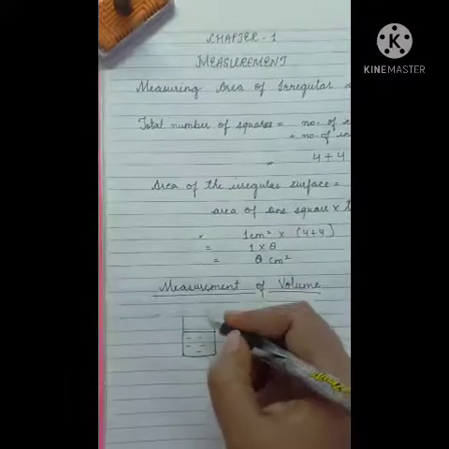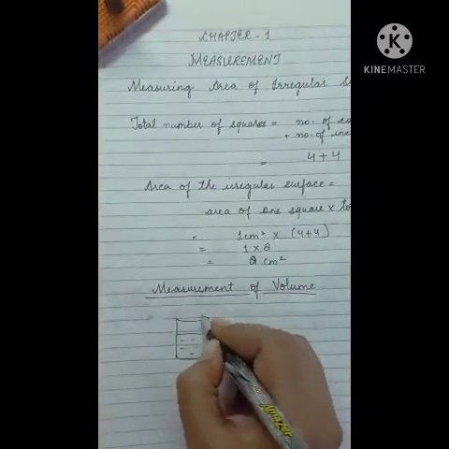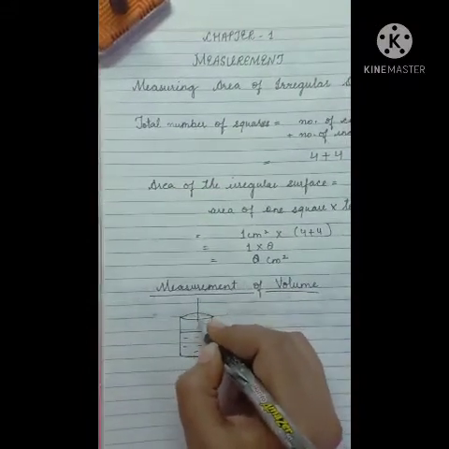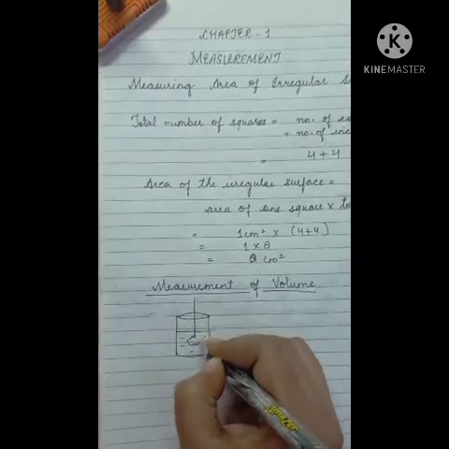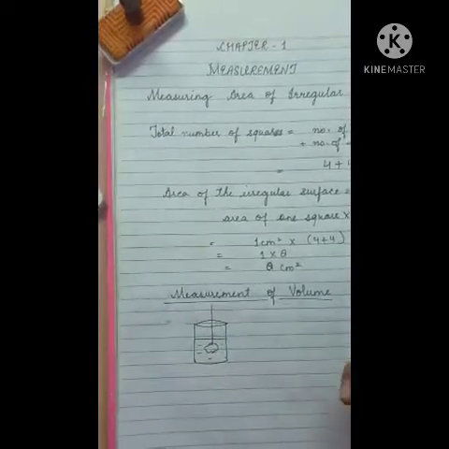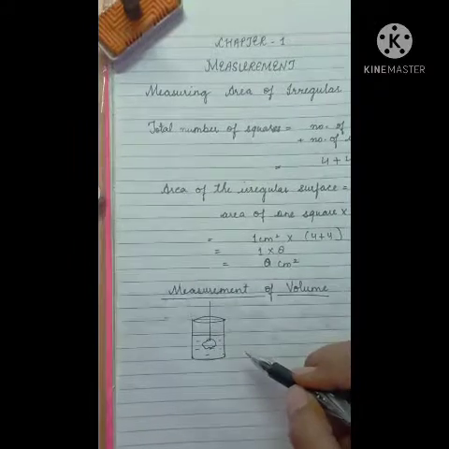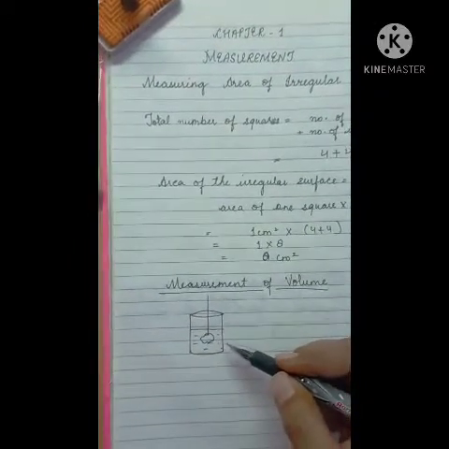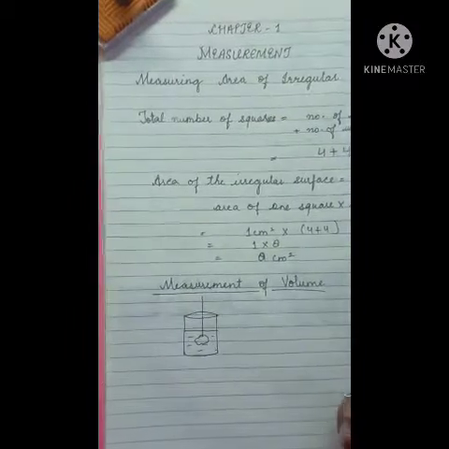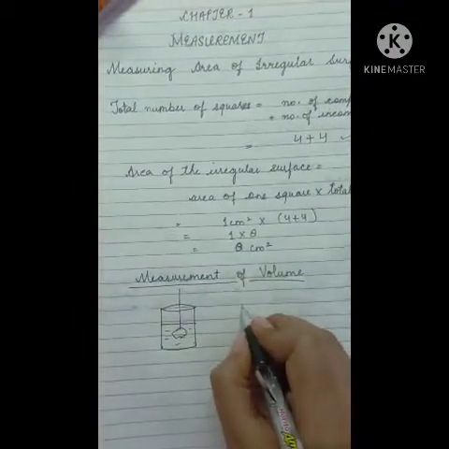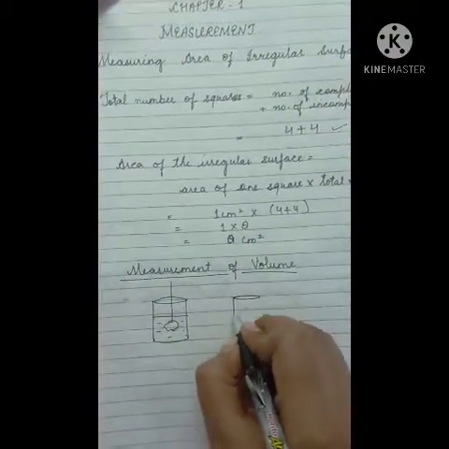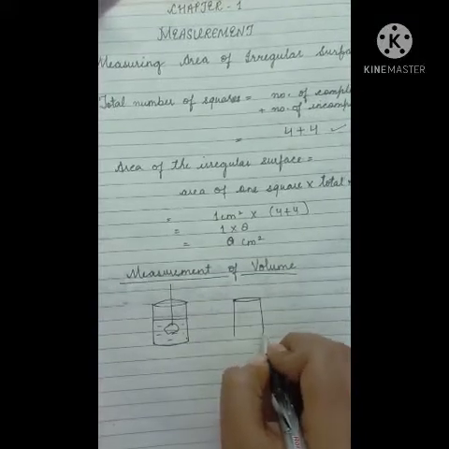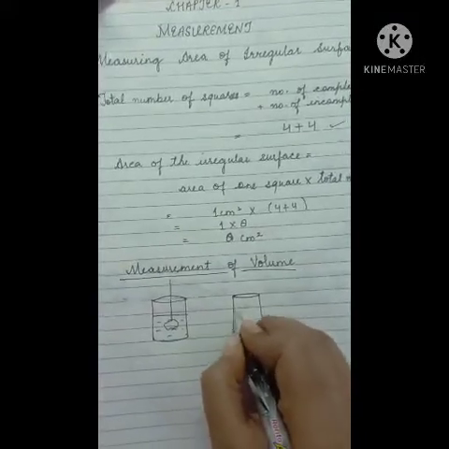Now attach a thread to a stone and suspend it in the water in the beaker. What will you observe? You will observe that the level of the water increased.